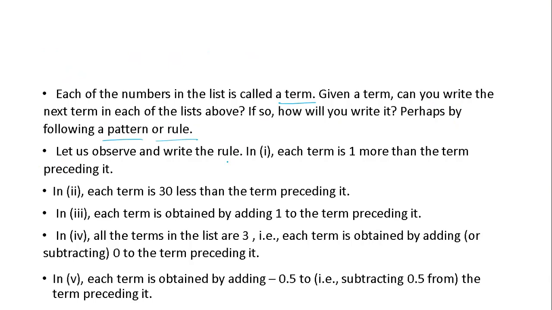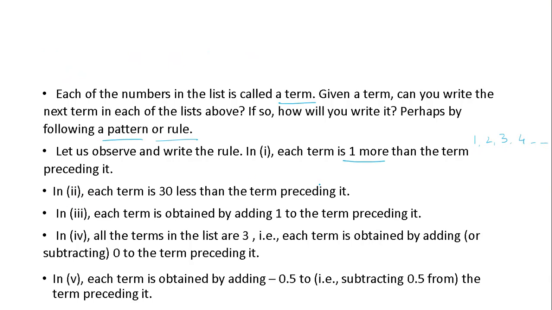Let us observe and write the rule. First one: each term is one more than the term preceding it. Write the numbers 1, 2, 3, 4, and so on. Each number is one more than the preceding number.